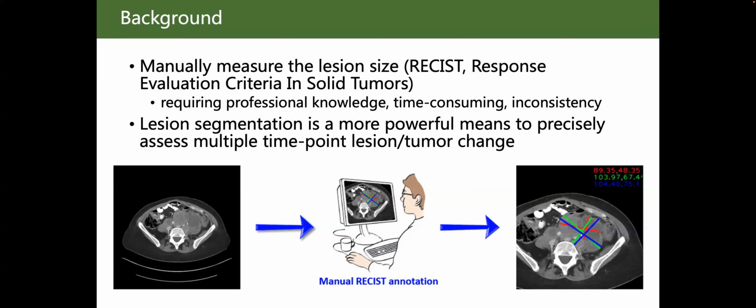However, manually segmenting lesions is much more time-consuming and tedious than labeling RECIST diameters. That's why right now, doctors don't manually segment lesions for their measurement. Therefore, automatically and accurately segmenting the lesions is also very clinically important.